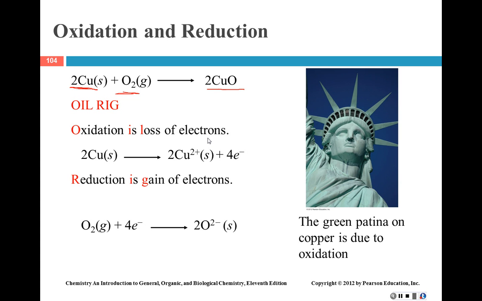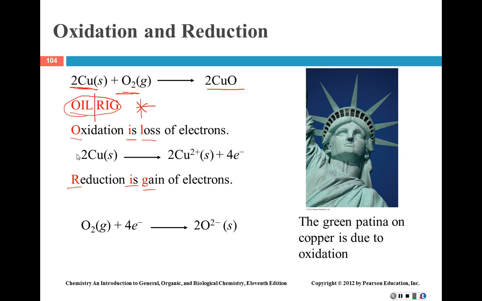Okay, and so I've got a little thing here to help you remember that oxidation is loss of electrons, and reduction is gain. So if you remember OIL RIG, oxidation is loss, reduction is gain, then that should help you remember these. But like I said, if you just remember one, that would be good, because what's happening here is two things.